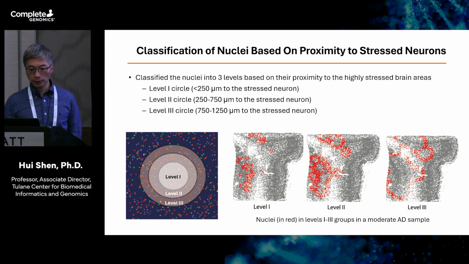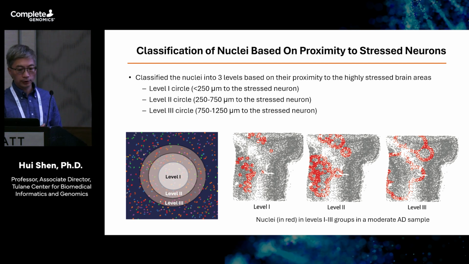The next step, like I mentioned, we did this concentric center analysis. Basically, we classify these nuclei into 3 different categories based on their proximity to those highly stressed brain areas. In level 1, they're basically in the center, less than 250 microns from the stressed brain area.